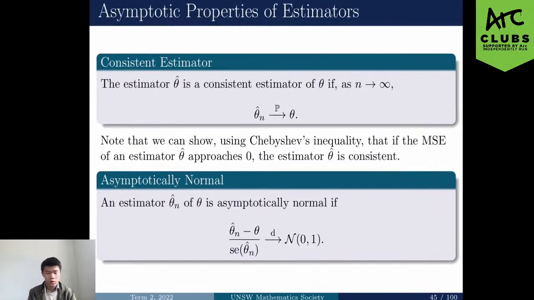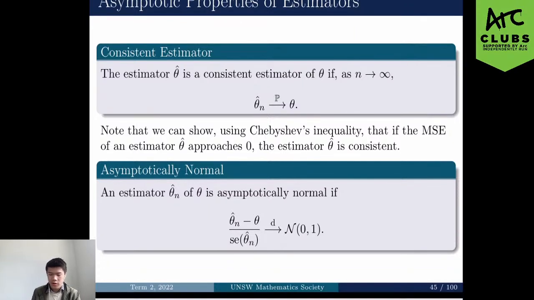The next one is called normality. So an estimator theta hat is asymptotically normal if you take theta hat, you subtract the actual value of theta, and you divide by the standard error. What does that look like? It looks like standardization to me.